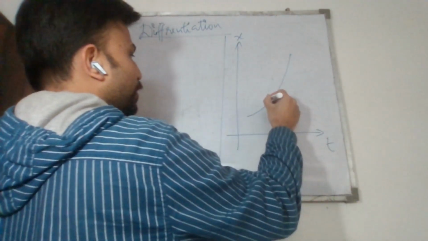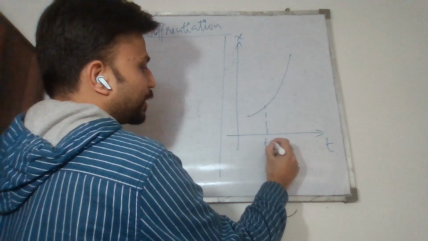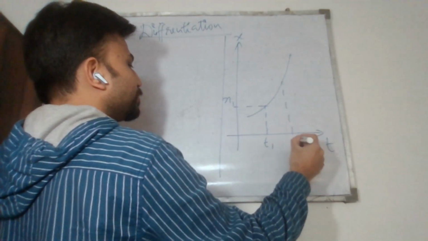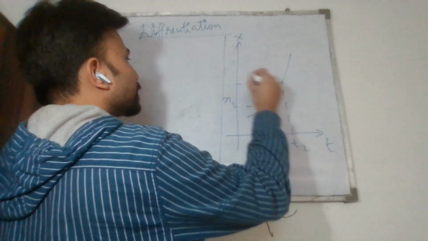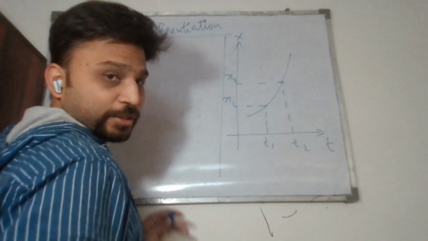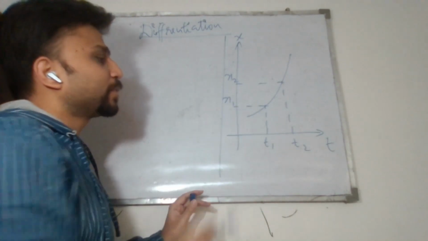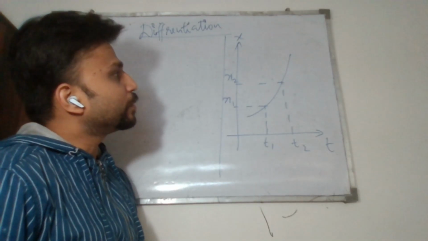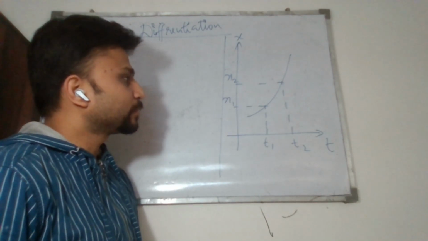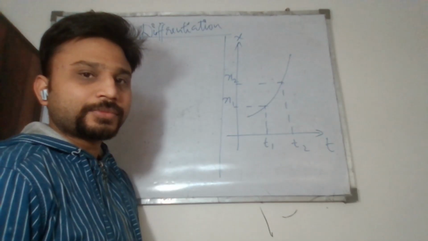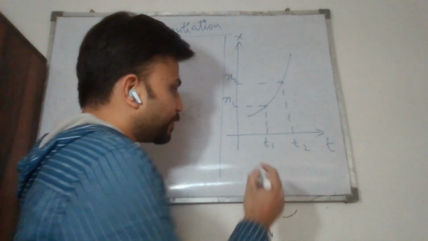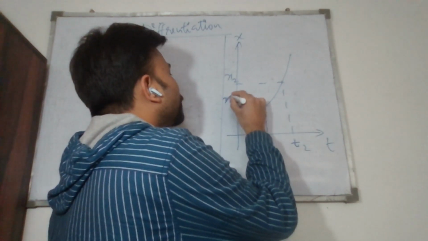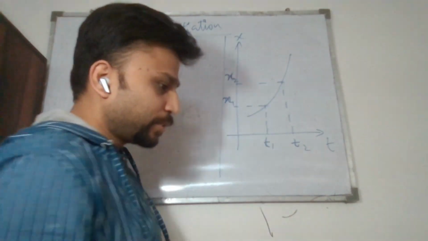At some time t1, the position of the particle is x1, and at some time t2, the position of the particle is x2. At t1 my position is x1, at t2 my position is x2. I hope it is visible. This is time t1, this is time t2. This is position x1, this is position x2.